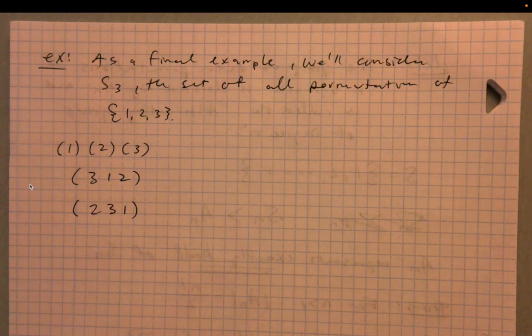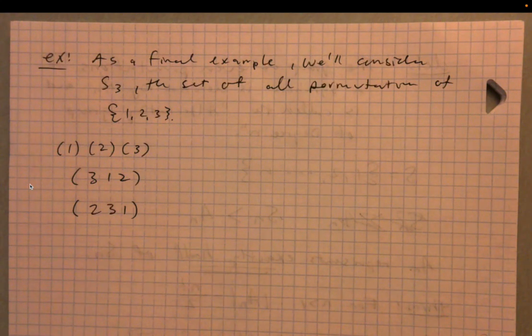Wait a second, 2, 3, 1, 3, 1, 2. 2 goes to 3. I think I did that wrong. Hold on a sec. I think I wrote that down incorrectly. Yes, 2, 3, 1, 3, 1, 2. Oh no, that's fine.